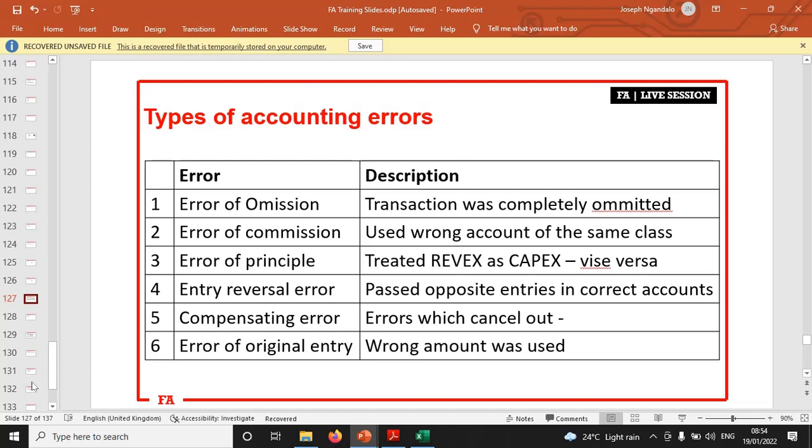The transaction was completely omitted. There is no record there. What could be the reason for this status? Poor filing.